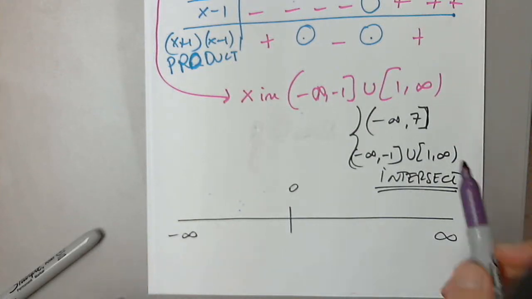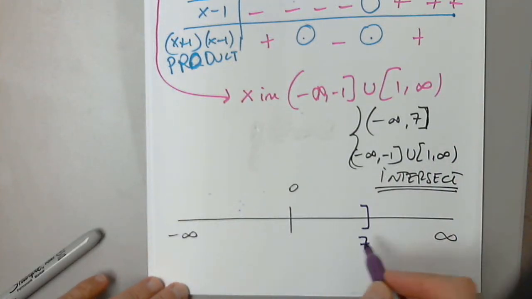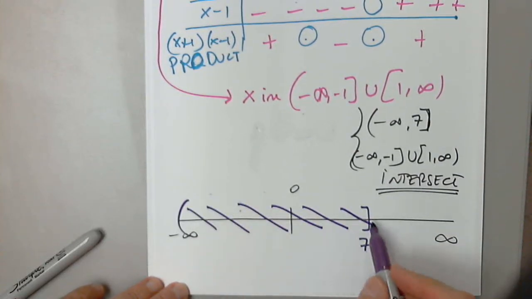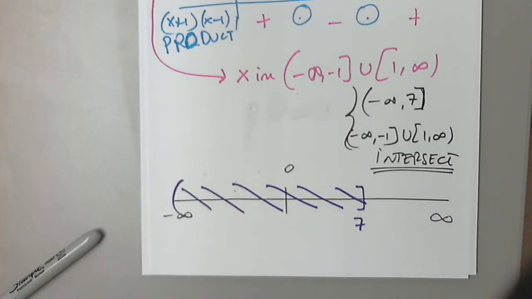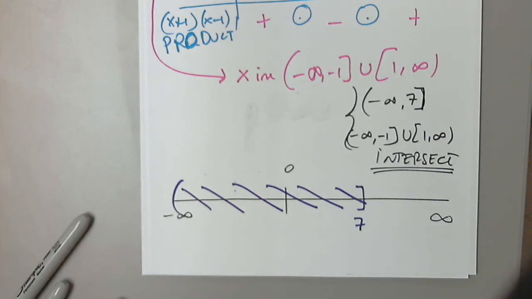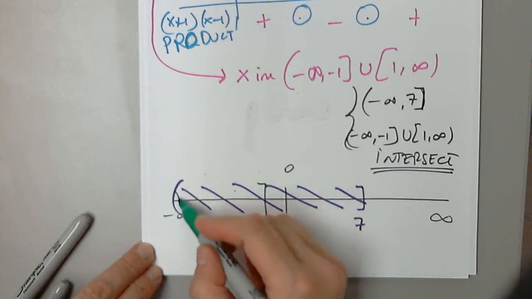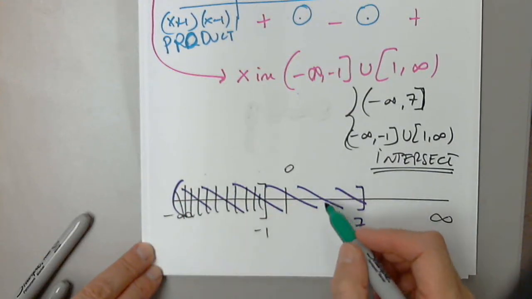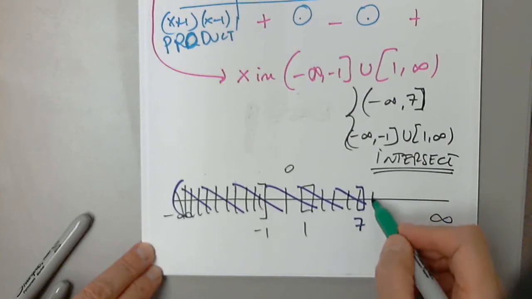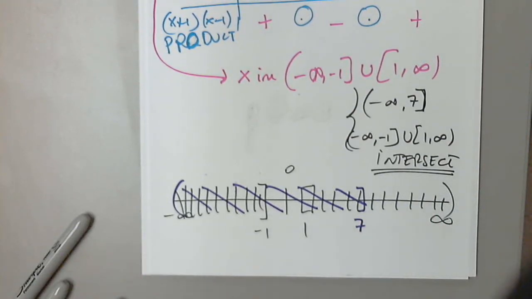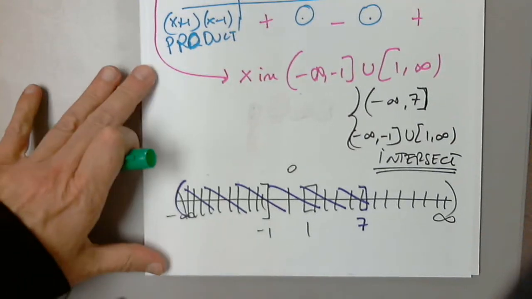So I will have to intersect negative infinity to 7, the purple region, with the green one. I will have to pick the interval or intervals that contain both colors, both green and purple. And that will become the domain of function h.